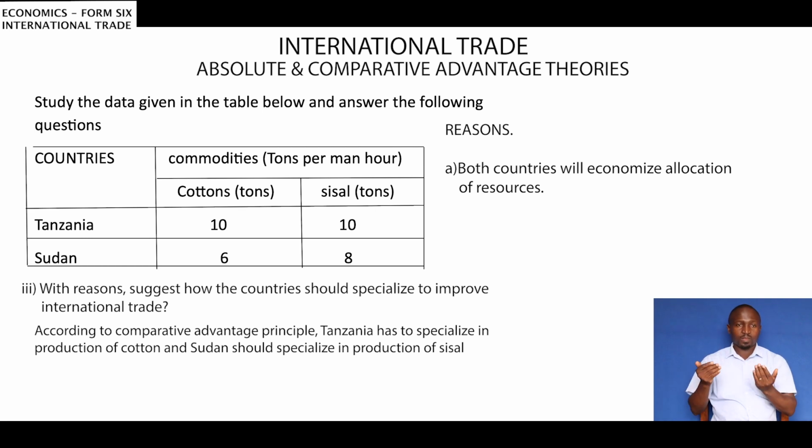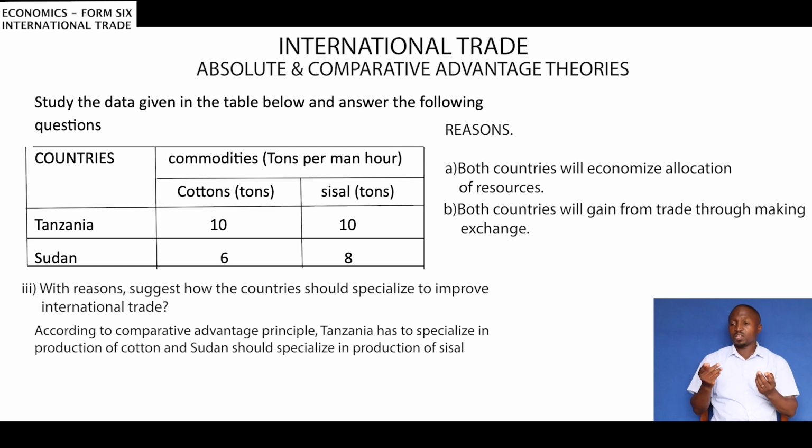So both countries will economize their resources by specializing. Another reason, both countries will gain from trade through exchange, because Tanzania, after producing cotton, will sell cotton to Sudan, and Sudan, after producing sisal, will sell sisal products to Tanzania. So both countries will gain from trade through exchanging.